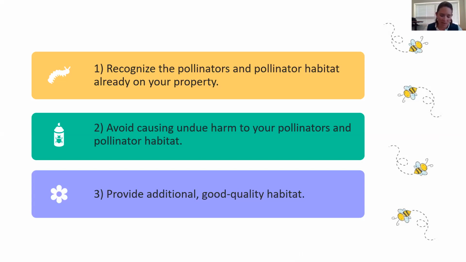All right, the second one is avoid causing undue harm to your existing pollinators and your pollinator habitat. So I'm going to touch on the use of chemicals here quickly. If we want to get into this a little bit more in the discussion session, we can. But the first thing I want to talk about is the difference between an herbicide and an insecticide or a pesticide. So insecticides and pesticides, as their names indicate, are designed to specifically target the systems of insects.